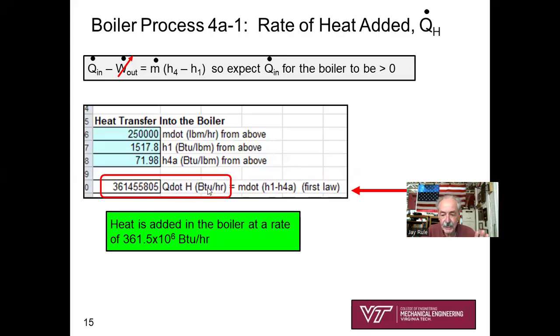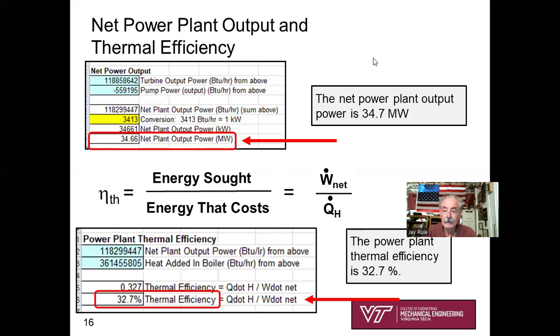So in my sentence, heat is added in the boiler at a rate of 361.5 times 10 to the 6, in other words, 361 million BTUs per hour. That is the heat transfer rate into the boiler. So please excuse my typos on the PowerPoint. Very careless of me.